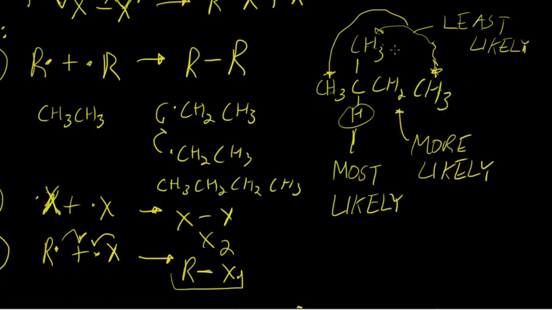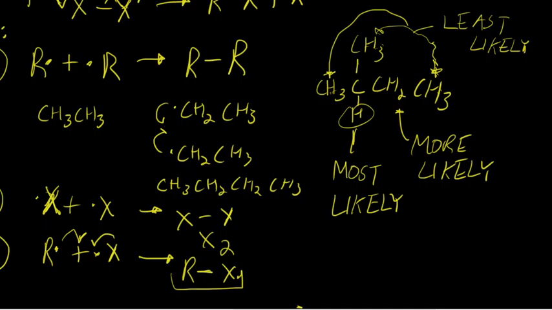So these are not equivalent in energy to these. So these are not equivalent hydrogens, although they're primary. But you have to take into account the number of hydrogens in each position, in tandem with the likelihood of abstraction of any given hydrogen, to give you an idea of the percentage of any particular product that's going to be formed.